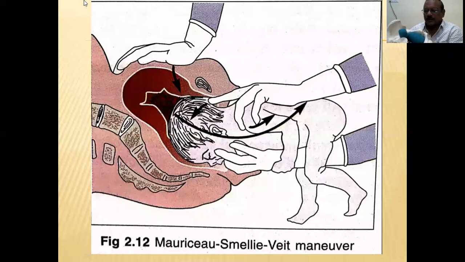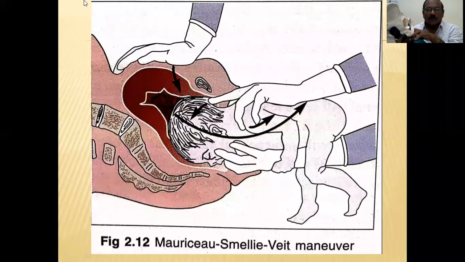You must keep the baby on your arm, and this is also called jaw flexion and shoulder traction. Flex the jaw to keep the head flexed, then apply traction or catch the shoulders.